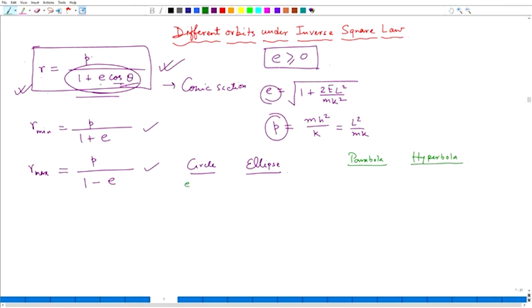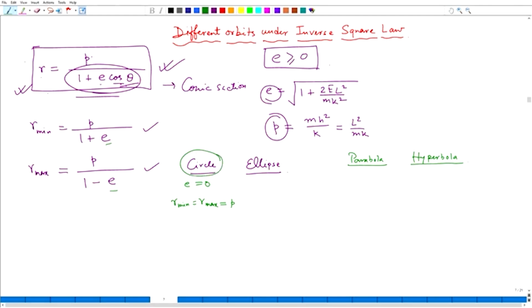For a circle, the eccentricity is 0. That means r min is equal to r max, and that is nothing but equal to p, because e is 0. And you will have a circle.